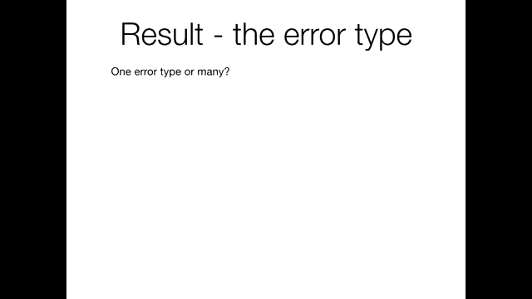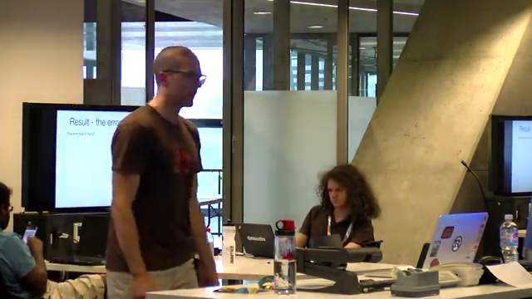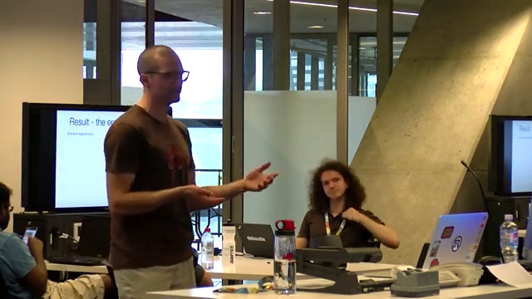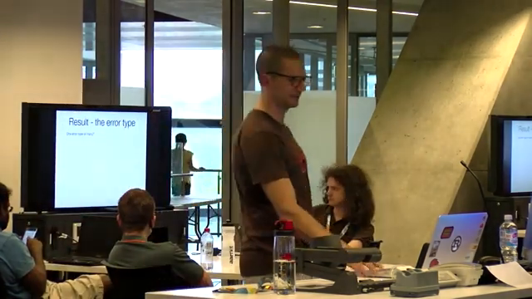The other option is you do this properly, and you have a struct or an enum with lots of variants and data that it's carrying around, which gives you lots of information for recovering, and lots of information that you can give to the user about what went wrong if necessary. But you have some options. You can use a single error type for all of your code, or you can use multiple error types.